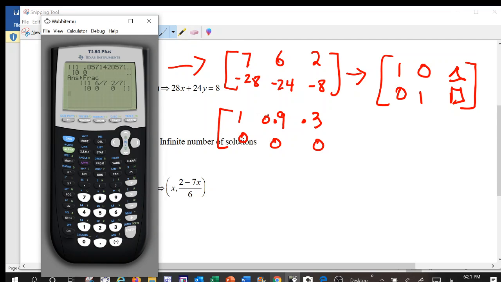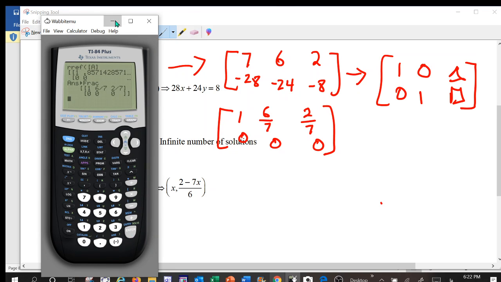So in terms of fraction it would be 6 over 7 and 2 over 7, and that's it. That's what we get. So again, to convert to fractions, you go to matrices, you go to math, you get your RREF, and you get your matrix in there. And once you find it, then go to math and convert to fraction.